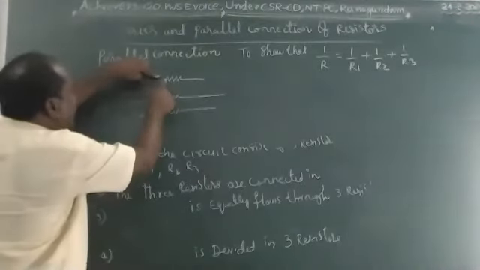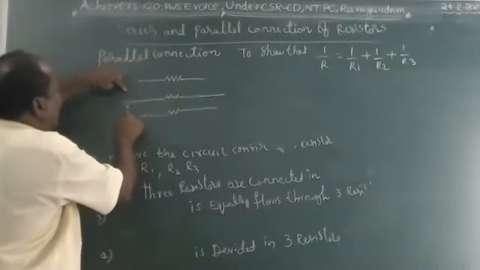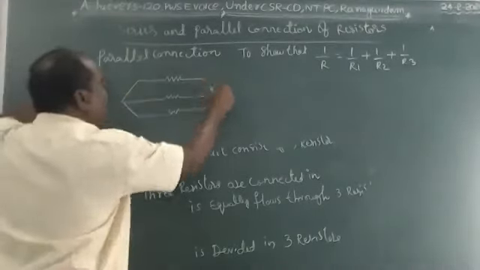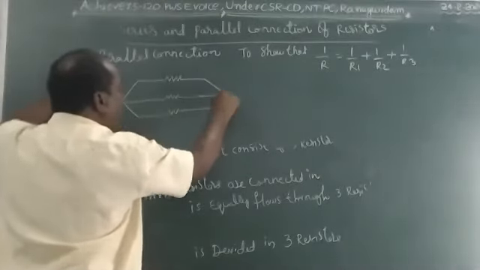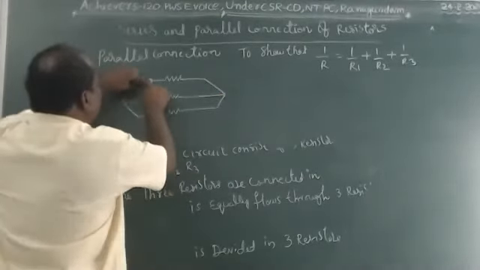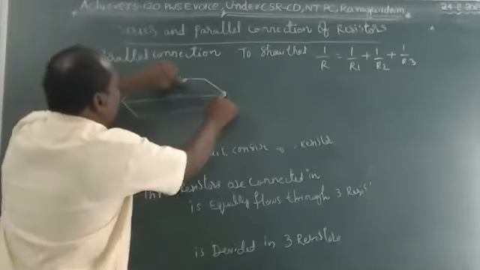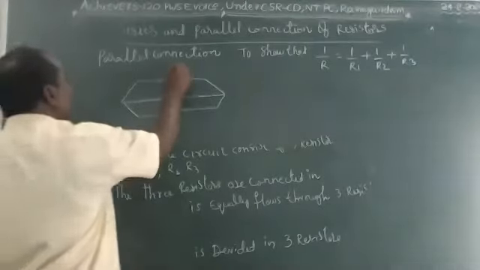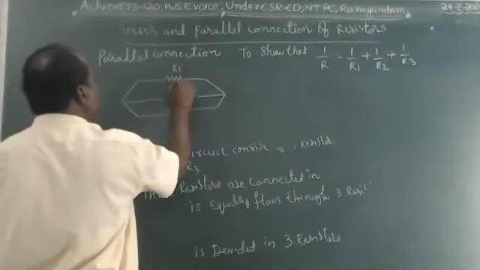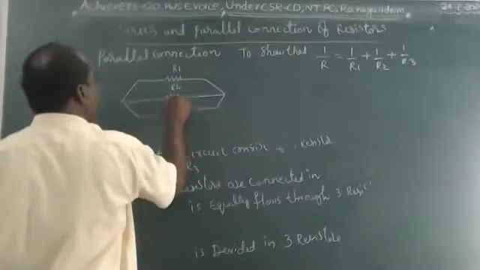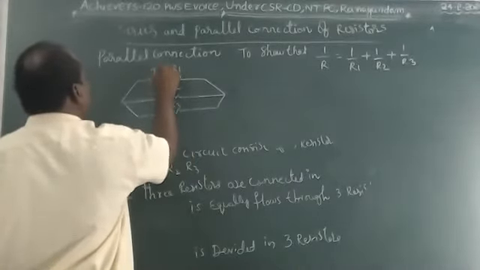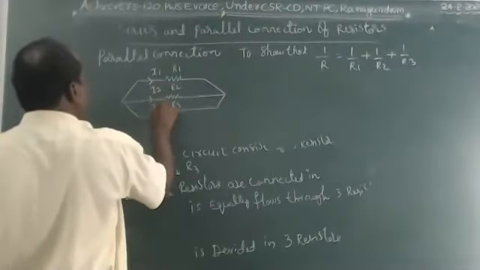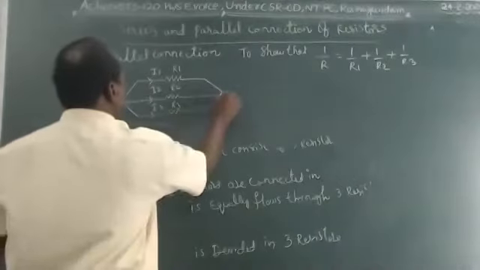These 2 resistors' ends are connected to this, and this is connected to this. So all the resistors' ends are connected to a common point. This is called parallel connection. So it is R1, R2, and R3. The currents flowing are I1, I2, and I3. It is voltage.